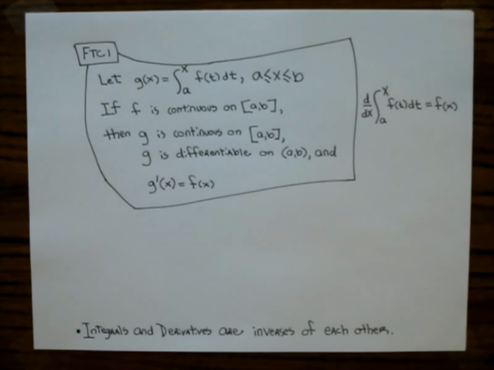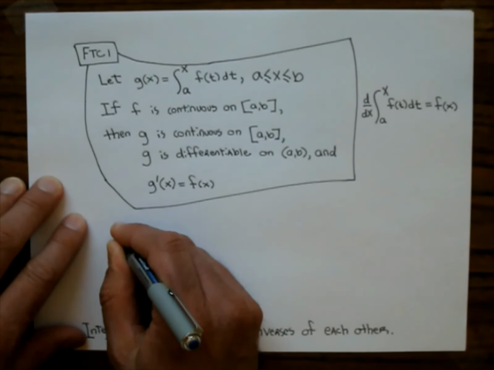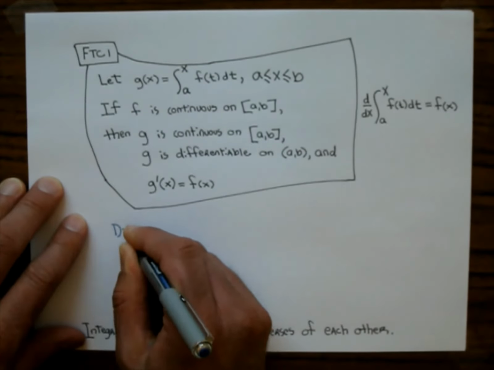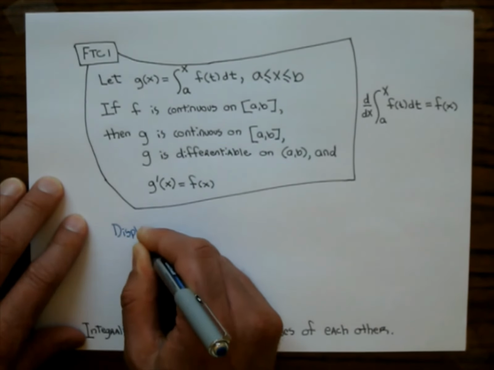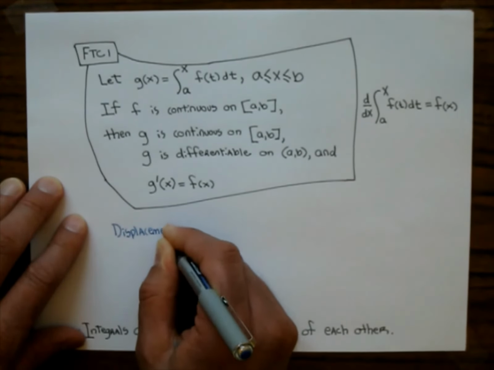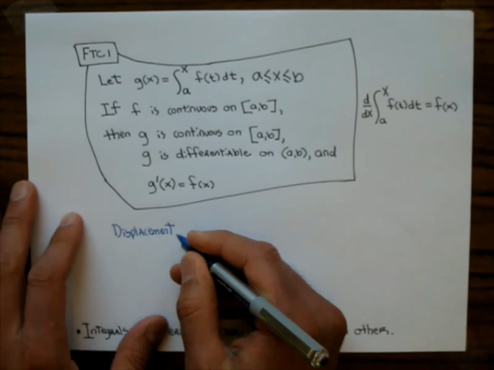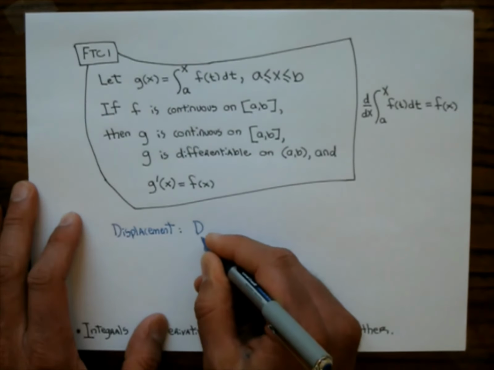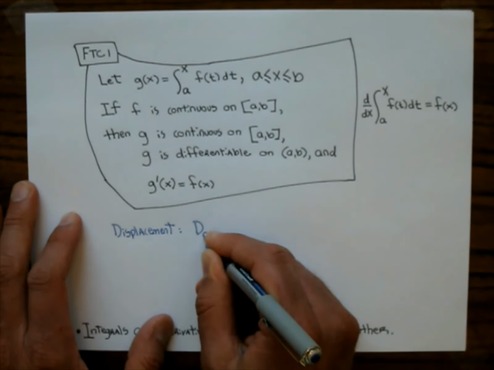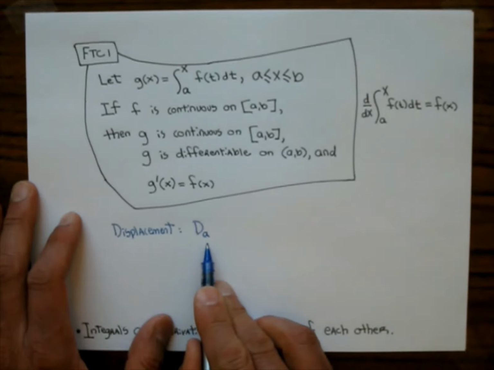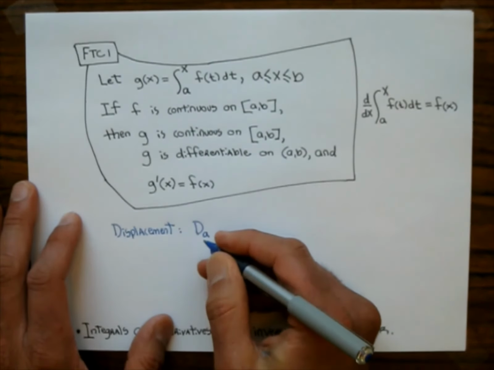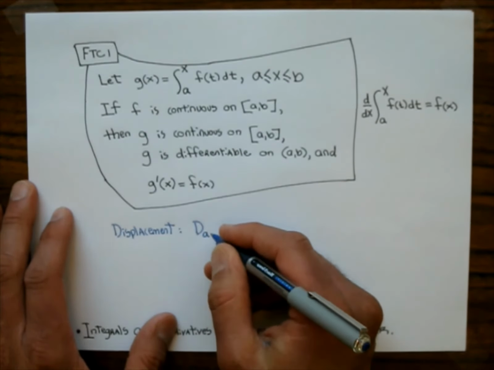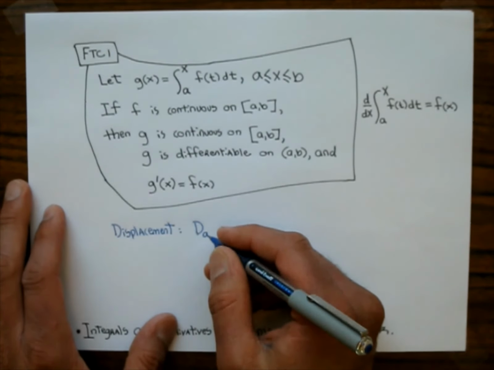So what is this really? Let me go ahead and explain this in terms of the bug talk. With the bug, we had something called the displacement. And so what I'm going to do is write this function called capital D sub A of x. Okay, so that's weird. That's the number A we see.